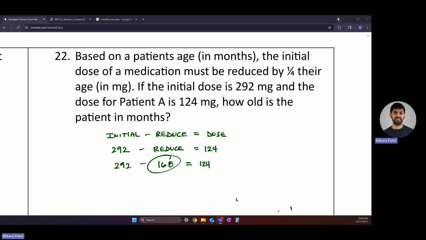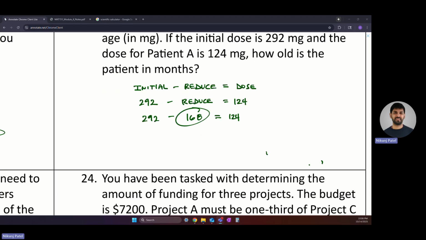And we're trying to determine how old is the patient in months. Well, since we reduced it by 168, that should be 1/4 of their age. So now we take that 168 and it's 1/4 of their age.